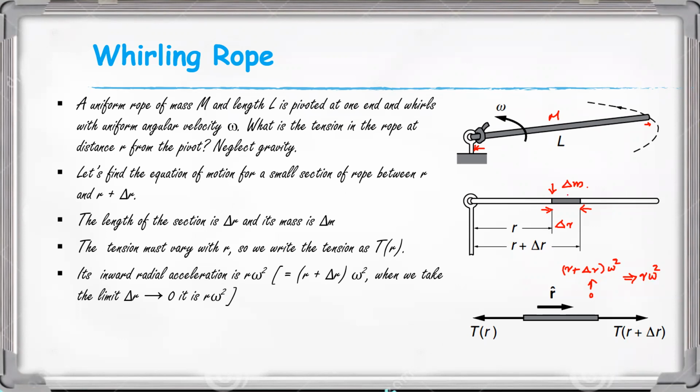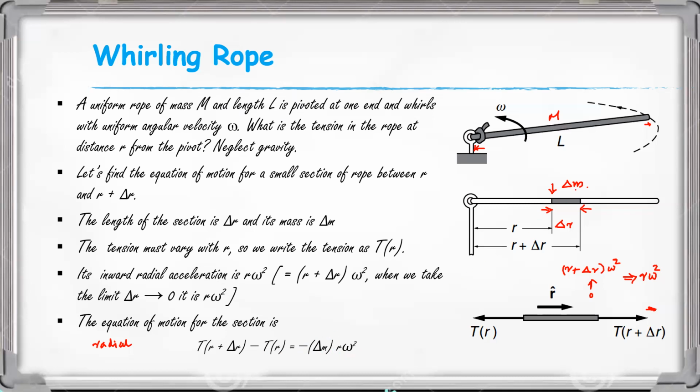But in the limit delta r tends to 0, it gives only r omega square. So the inward radial acceleration is r omega square. So the equation of motion for the section, taking the radial direction as positive, is T of r plus delta r minus T of r equals mass into acceleration.